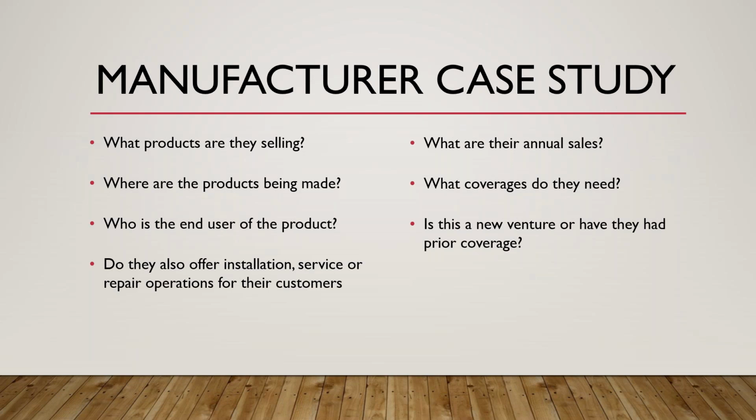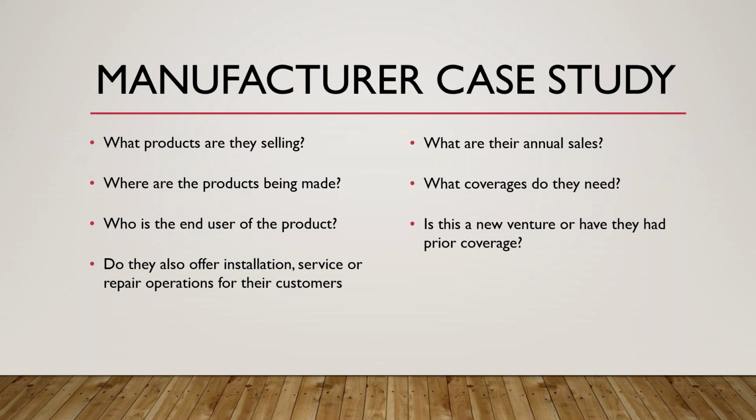Who is the end user of the product? This is helpful when the applicant is making a component part or a single piece of another entity's final product. So when someone calls saying they are making screws and bolts, finding out who the end user is important so that you aren't wasting your time trying to find a carrier for someone who you later find out is making bolts for aerospace clients.